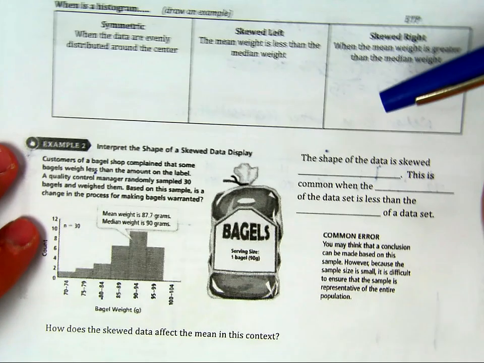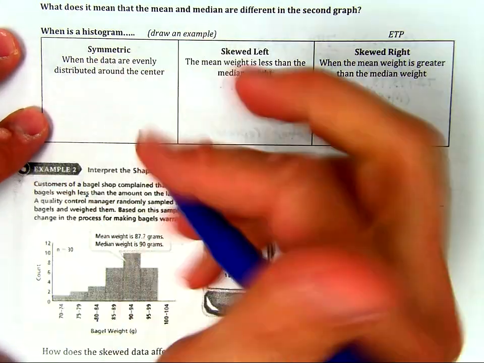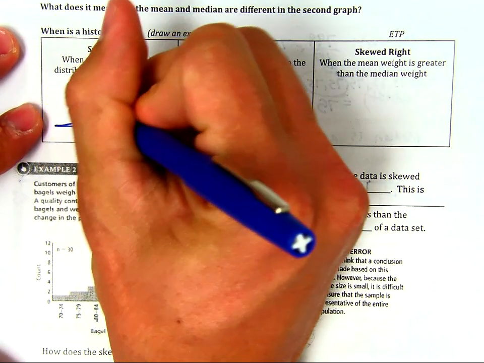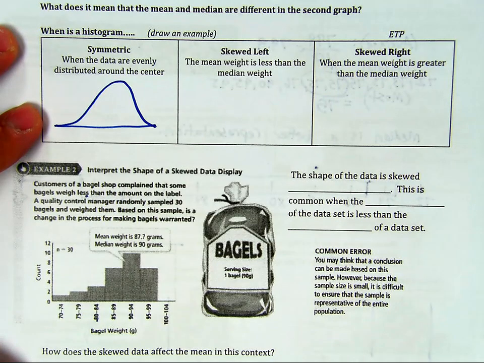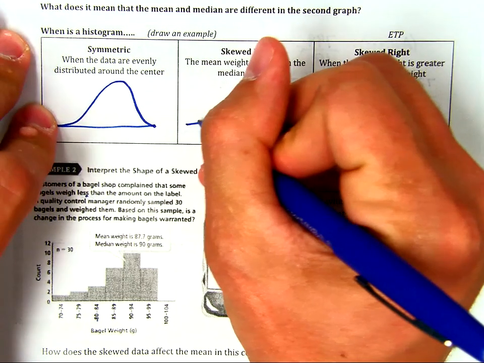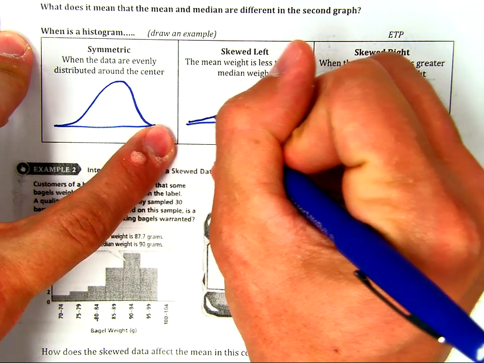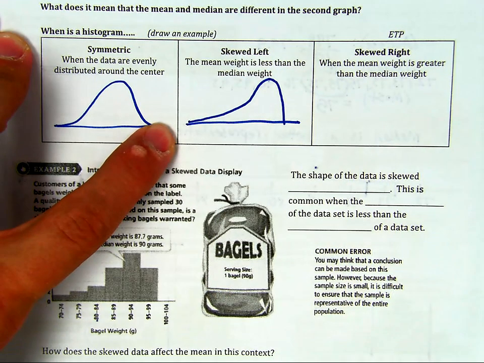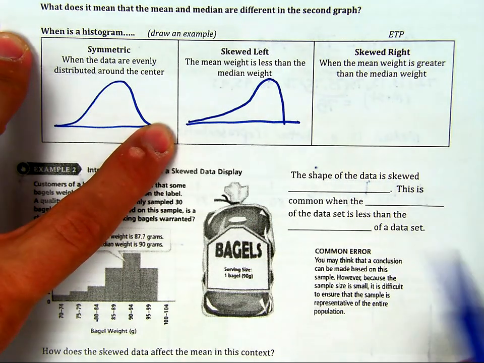When it is symmetric, we say the data are evenly distributed around the center, so when you draw it, it looks something like this. Skewed left: when you look at your histogram, you're going to have data on the left that bring your average down, so the mean weight is less than the median.